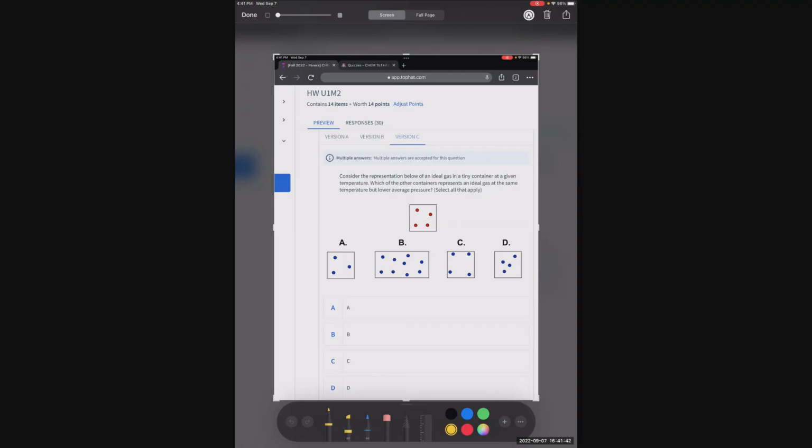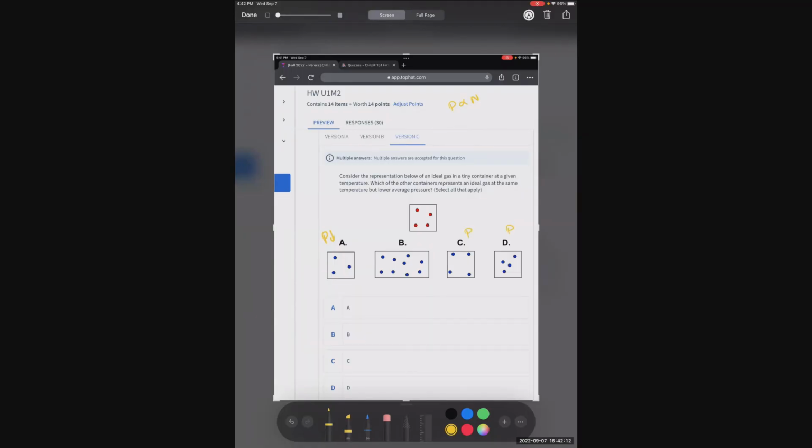Again, remember we're talking about the same temperature and same volume for A, C, and D. If that is the case, the pressure is proportional to the number of particles. In A, we have a lesser number of particles than the original container. Therefore, we should have a lower pressure than the original container. C and D have the same number of particles, so they should have the same pressure as the original container.